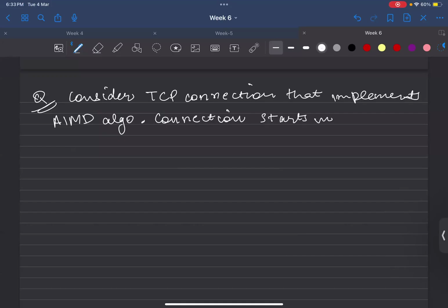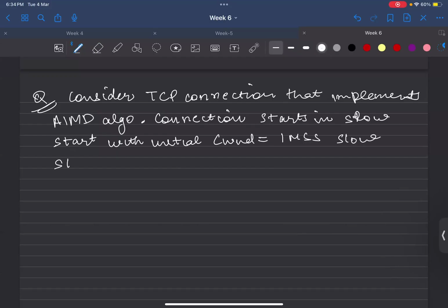The connection starts in slow start with initial congestion window one MSS. Slow start threshold 16 MSS.